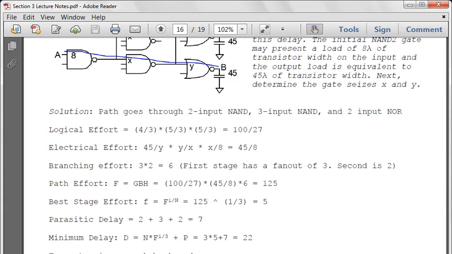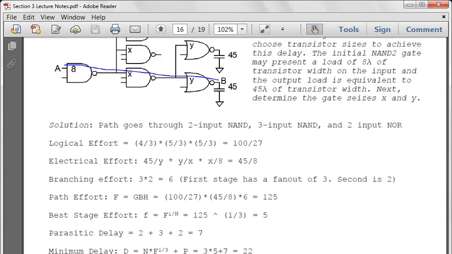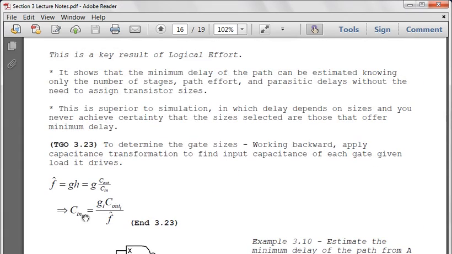You mean the solution? Okay, so I'm going to scroll up here to this equation, right? So we know our logical effort times path effort, and we know that we defined this path effort previously as the ratio of the output capacitance to the input capacitance.